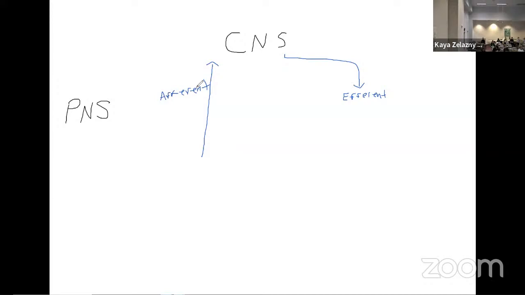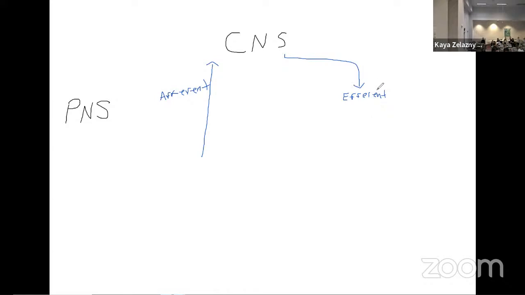So that's whether you're smelling, whether you're hearing, whether you're touching, whether you're sensing a temperature, whether you're sensing a heart rate, a blood pressure, anything that you're sensing and you're bringing information back to the brain or the spinal cord would be on an afferent nerve. Anything going out, command to increase your heart rate, a command to move a muscle, command to move your eye. All of that is on this efferent side.